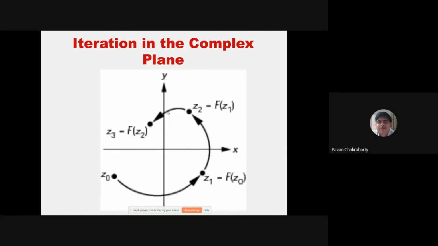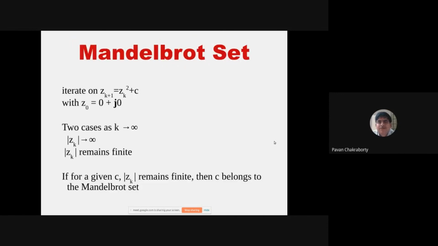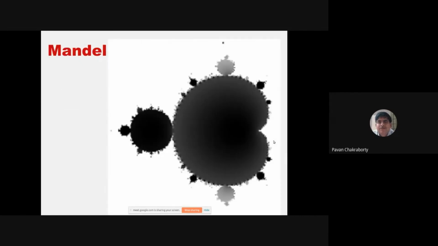You must have used this while studying electronics or controls or any such subject, where the y axis is the j axis, and this is the real axis. So if I design this model, I'll get such a beautiful structure which is shown here.